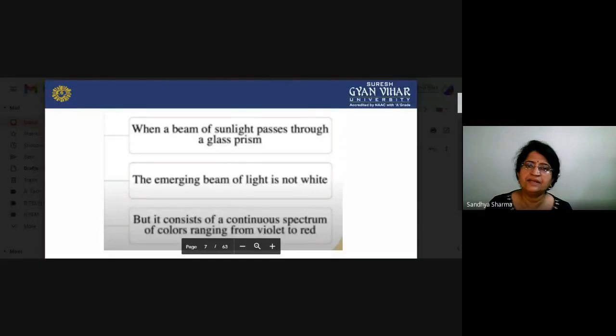What will occur when a beam of sunlight passes through a glass prism? The emerging beam of light is not white, but consists of a continuous spectrum of colors ranging from violet to red.